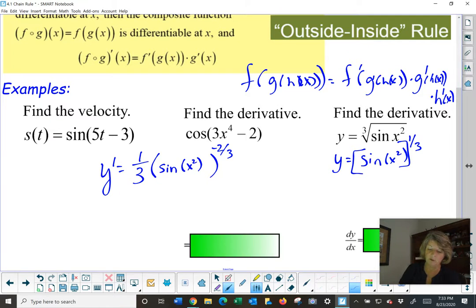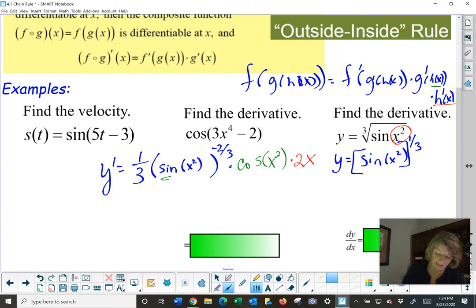I did my first one. Now I'm going to chain off and take the derivative of sine. And the derivative of sine we know is cosine. Leave the inside alone. We're on that piece. And then finally one more chaining, and that's to take the derivative of the very inner piece, which is x squared, so we'd have the derivative being 2x.